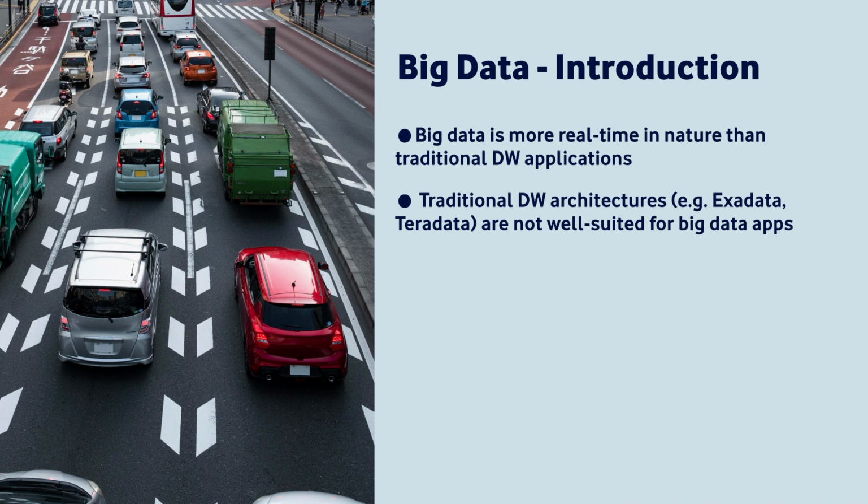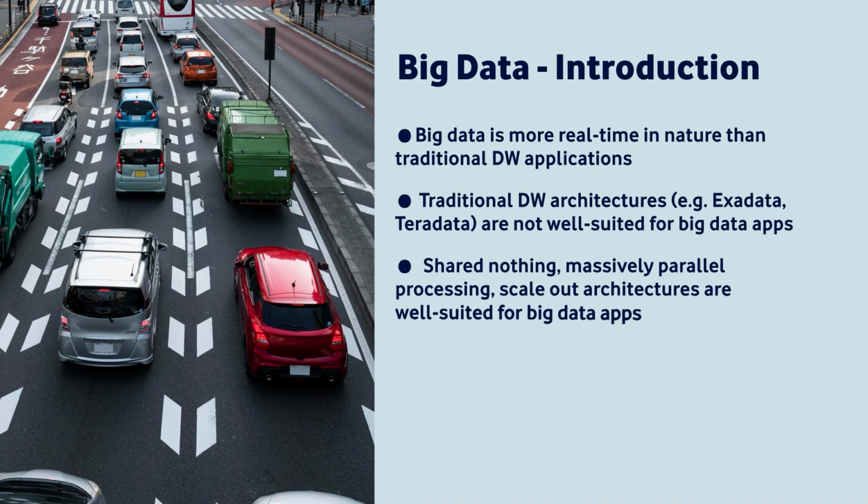For example, Exadata and Teradata are not very well suited for big data applications. In that case, big data is going to be helpful. A shared nothing environment, massively parallel processing, and scale out architecture are well suited environments for big data applications.